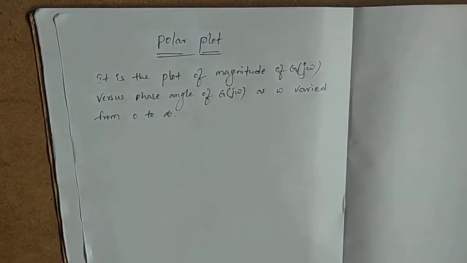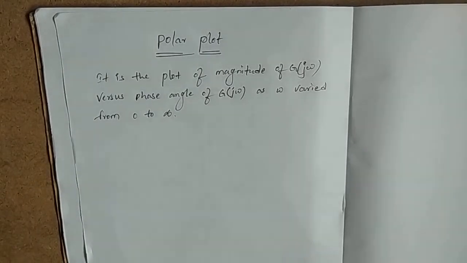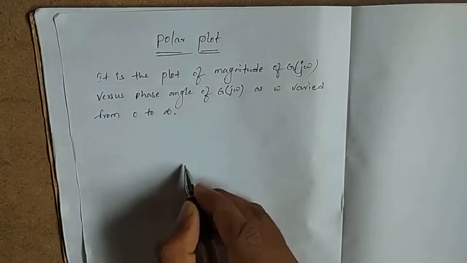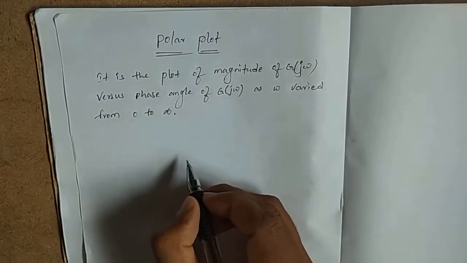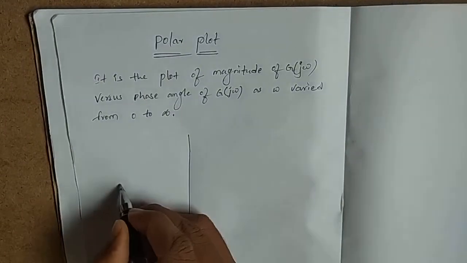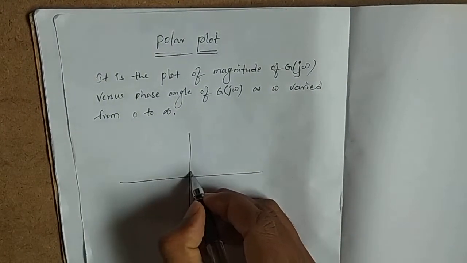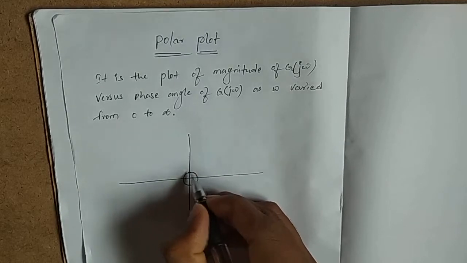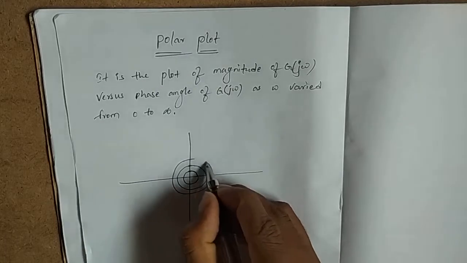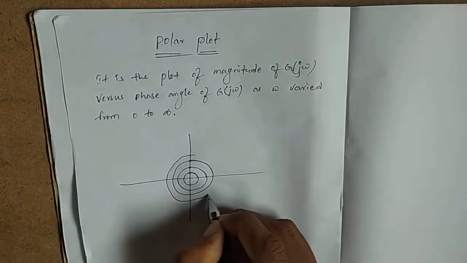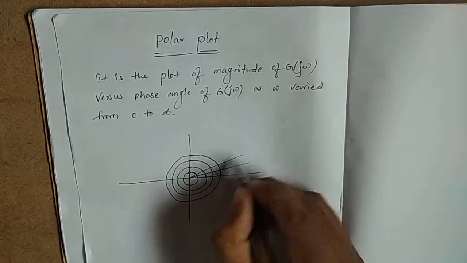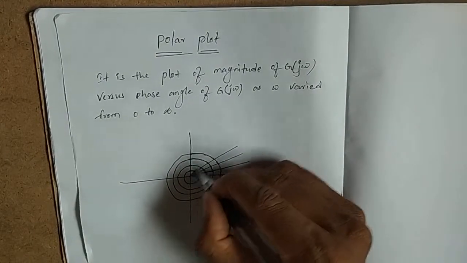The polar plot is plotted on a polar graph sheet. The polar graph sheet has radial lines and concentric circles. It is like this polar graph sheet. It has concentric lines around the origin and radial lines.